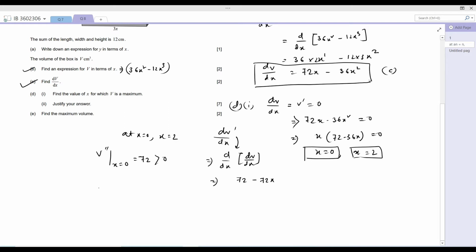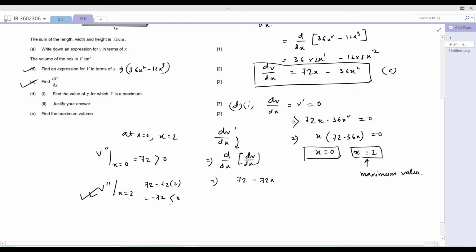And V double dash at x equals 2 is 72 minus 72 into 2, which is minus 72, so it is less than 0. That's why at x equals 2 the function will have the maximum value. We have checked that from the double derivative.